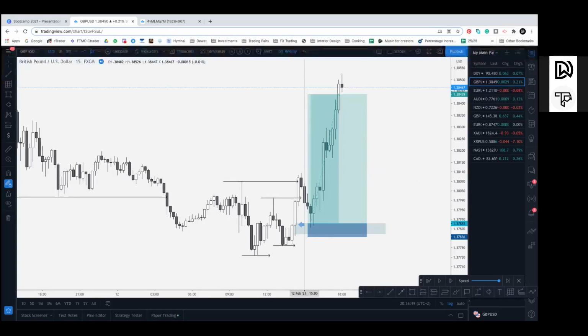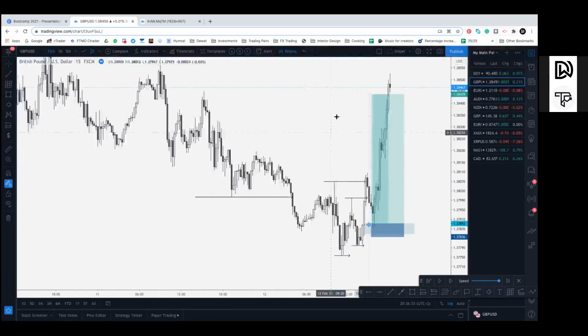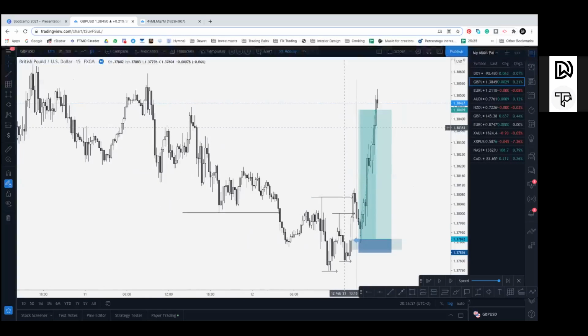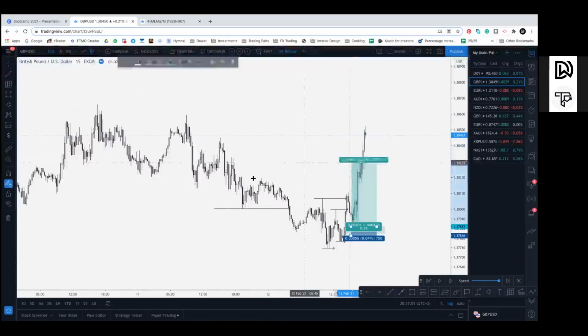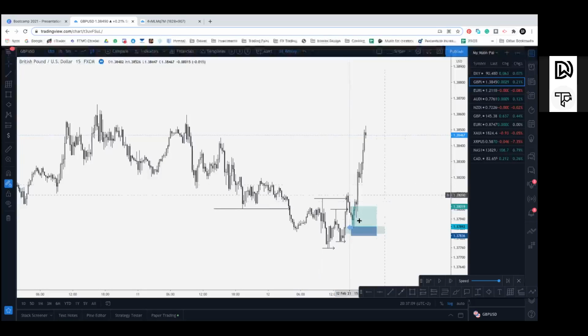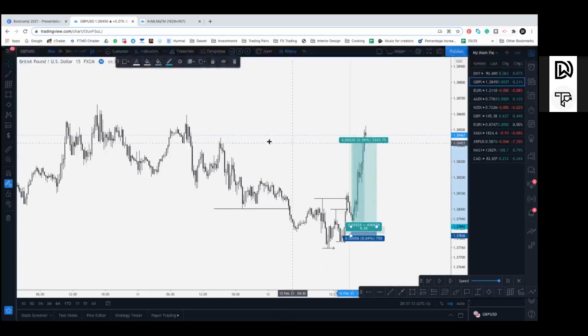Is it better to target take profit area on the next order block or use fib extensions? I don't use fib extensions. In this case, if this is a trade that I took, I would look first of all at the Asian highs. So the Asian highs is this area, so that is not really where I would look for a take profit in this case. I would look at the high time frame order block.